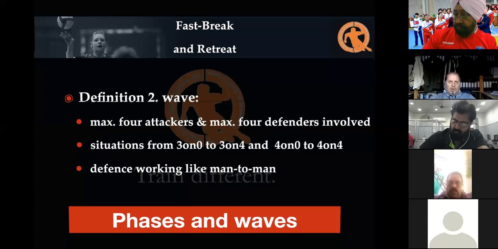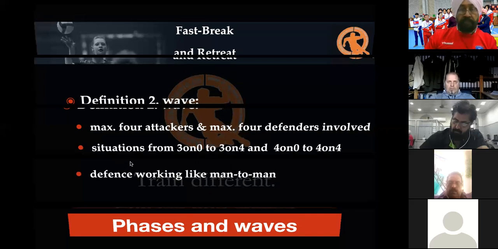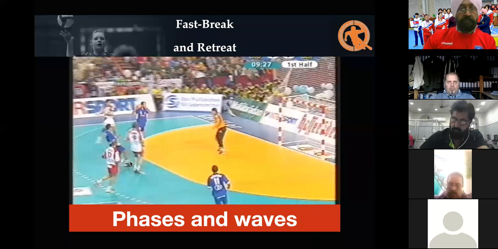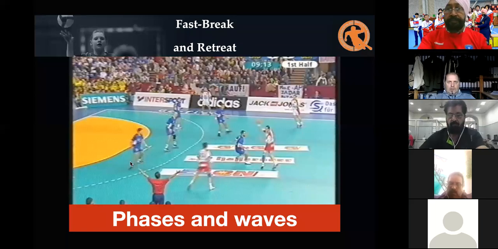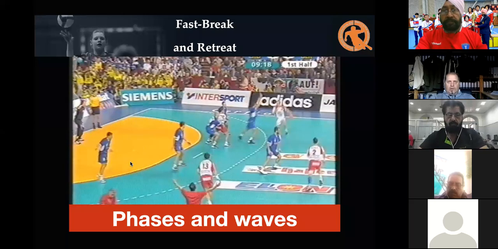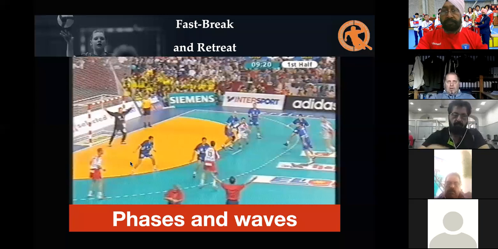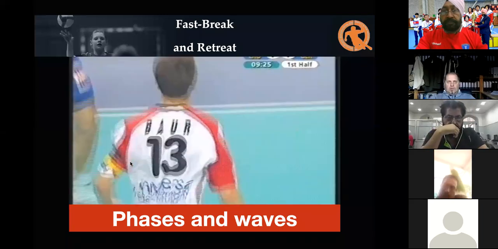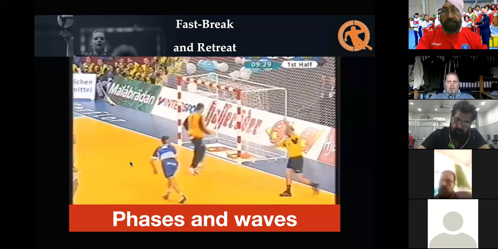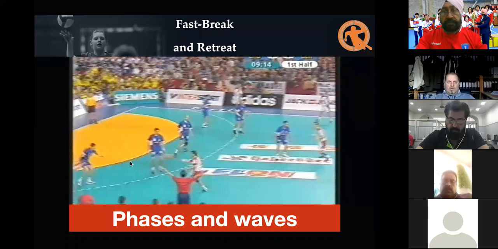Okay, one more example for this from the same game. And you can see the white team shooting. Now the ball is with the team in attack, and they continue. And at the end, it's no goal because that player was touching the ground before the ball was leaving the hand.